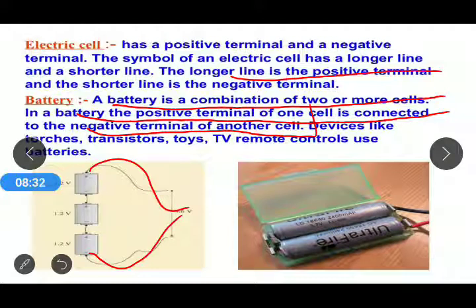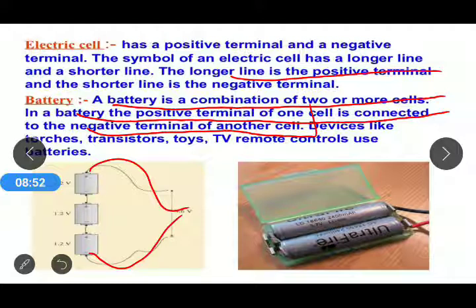Now there are two different ways to place one cell next to another cell, and that is the formation of the battery. How are they placed next to each other?